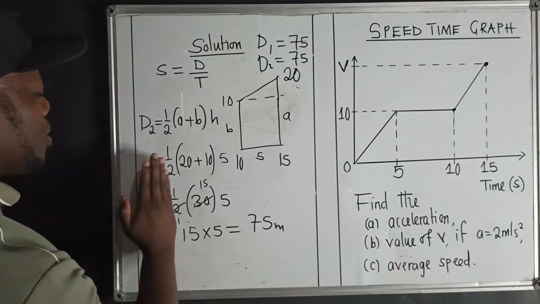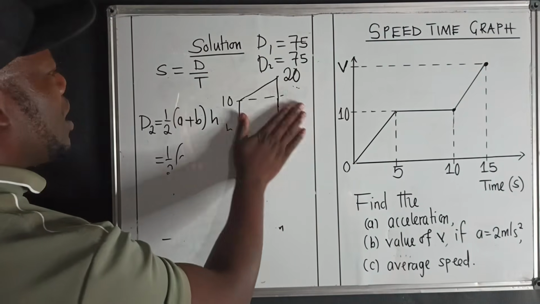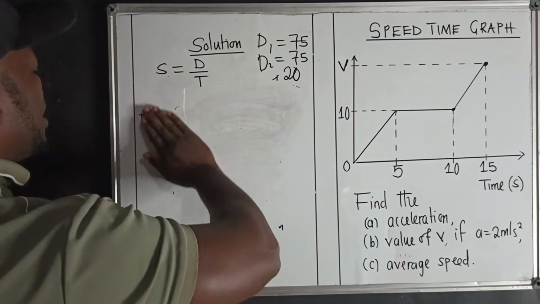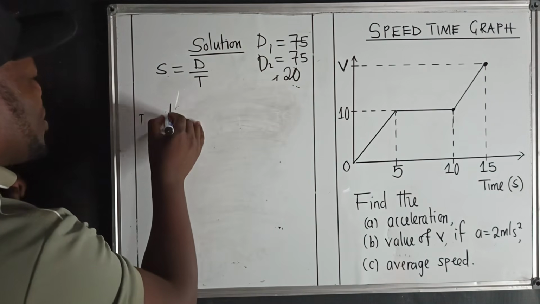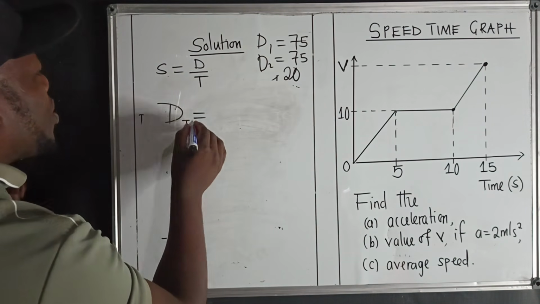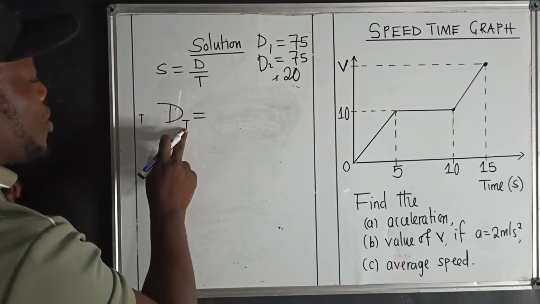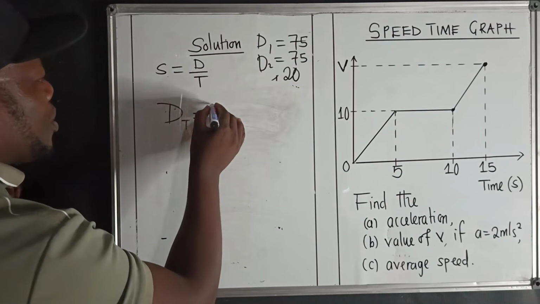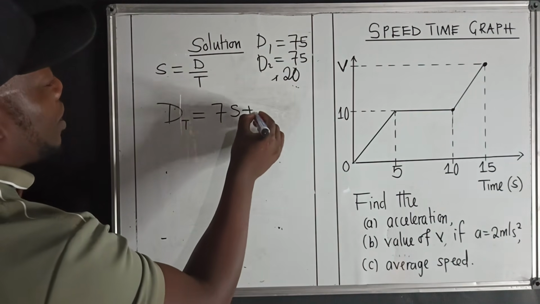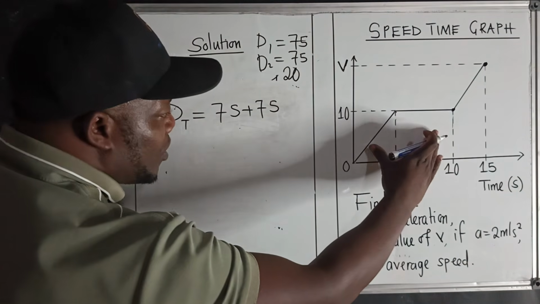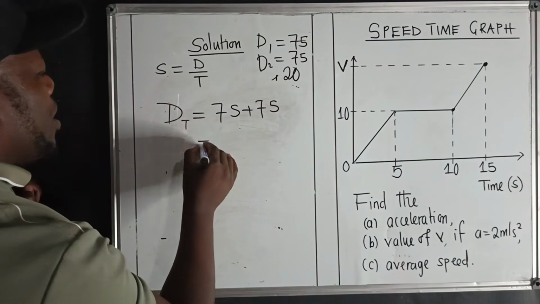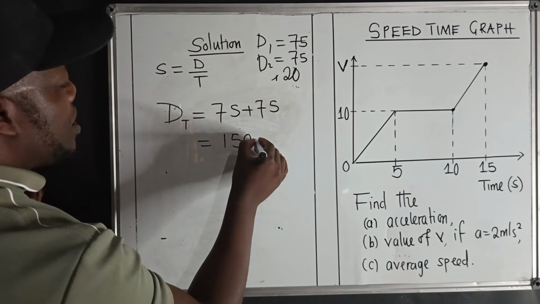Okay. So now we can start our conclusion. So here we are simply going to say total distance is equal to 75 plus 75. You add these two distances, the distance of this and the distance of that, we're getting 150 meters.